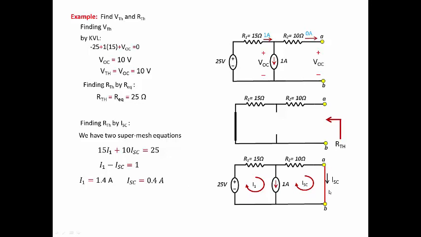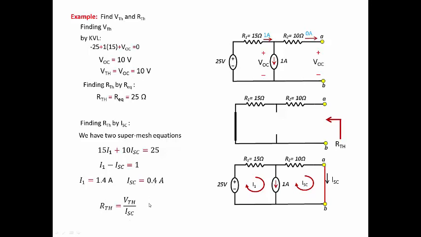So we end up solving for the short circuit current. Is this the end of the story? Not quite. We still wanted to solve for R Thevenin. R Thevenin is defined as V Thevenin over I short circuit, or V open circuit over I short circuit. I already solved for the V open circuit, which is the same as V Thevenin, to be 10 volts, and I just solved for I short circuit to be 0.4 amps.